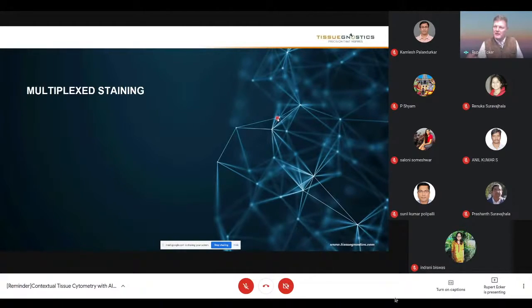So we need to look for strategies to increase the number of markers that we can analyze per single cell. One of the strategies that has been developed, not by TissueGnostics, but is also supported by our instrument platform, is multiplexing.